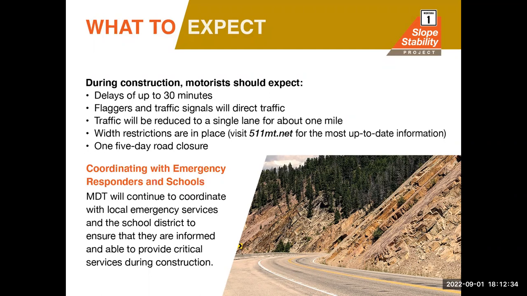We'll discuss a little bit more of the potential closure a little later. The traffic control plan is continually evolving at this point. We'll share more specifics as we get closer to the time of construction.